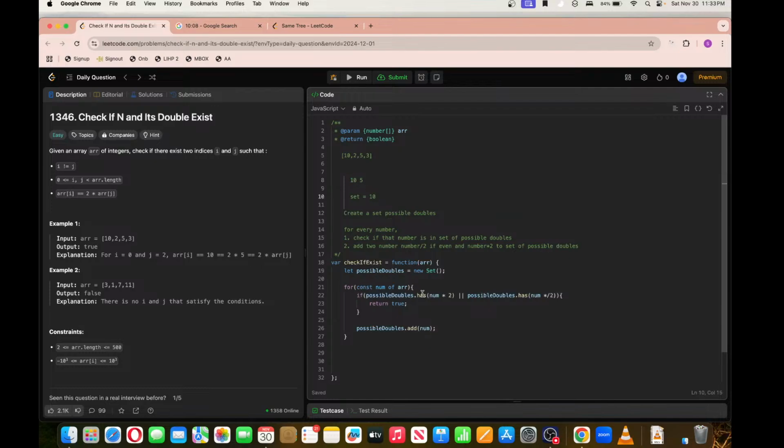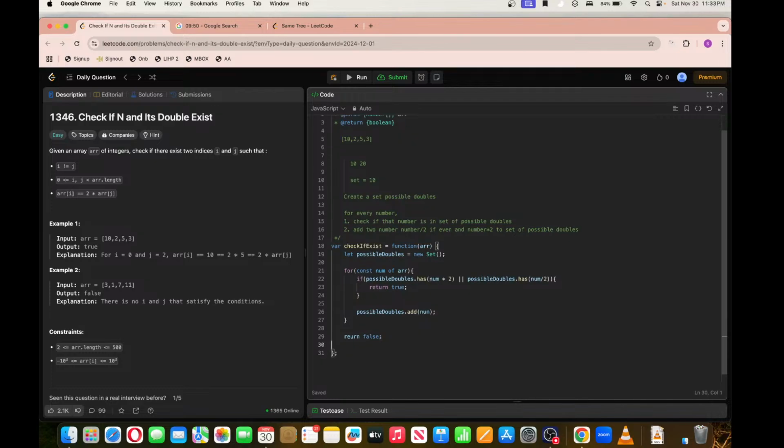If 10 is here, then it will be true. Or even if it is 20, then 20 by 2 will also be there, so it will be true. And then at last return false. It is like a two sum problem. I think two sum was also similar, right?